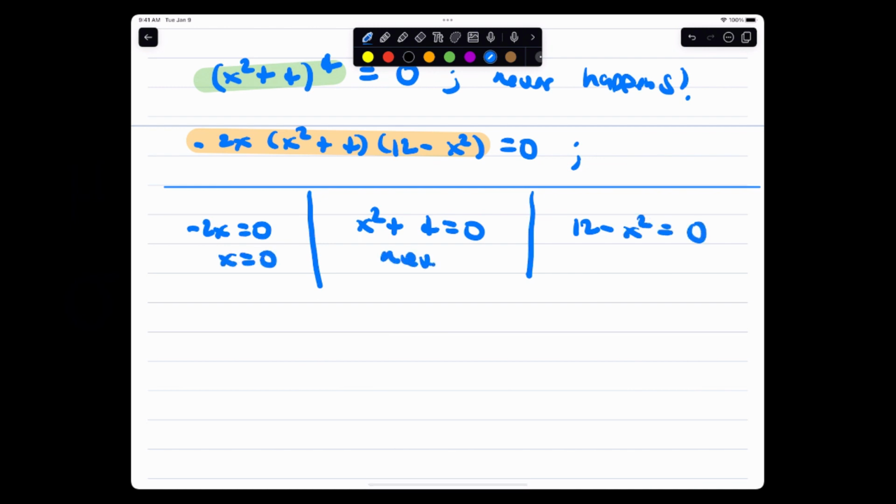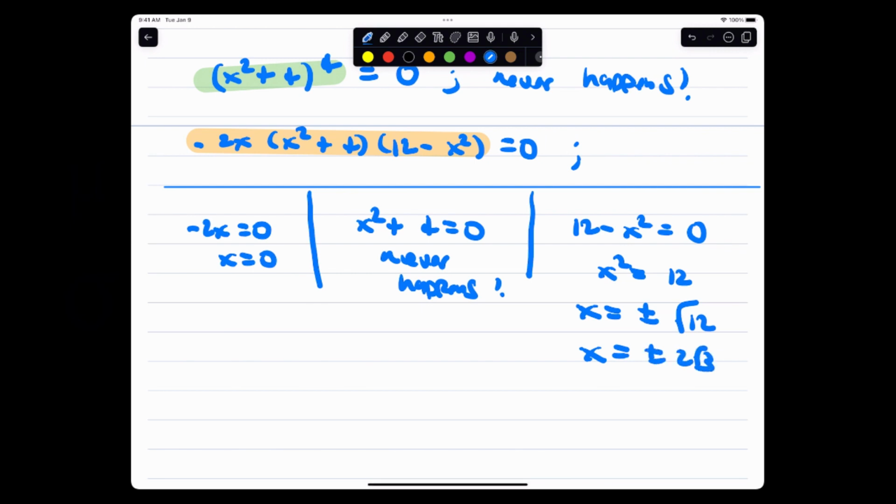This never happens. You get complex solutions. And then this means x squared is 12, which means x is plus or minus square root of 12, or x is plus or minus 2 square root of 3. So here's my solutions. Never what? Happens. Okay.